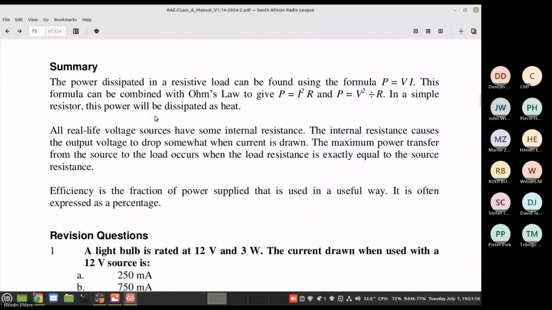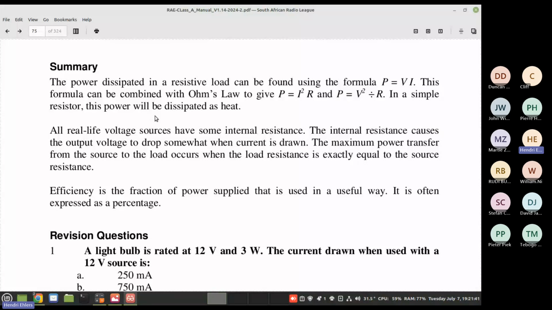So, in summary, the power dissipated in a resistive load can be found using the formula P equals V times I. Like I explained, that triangle works very well to manipulate the formula.